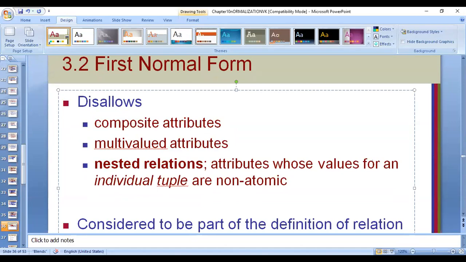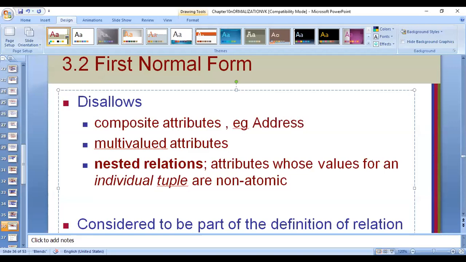So let us see what is meant by composite attribute. All of you know, a composite attribute is one which can be further decomposed into other components. Like we know from the first chapter, we have such an example here, which is called address.